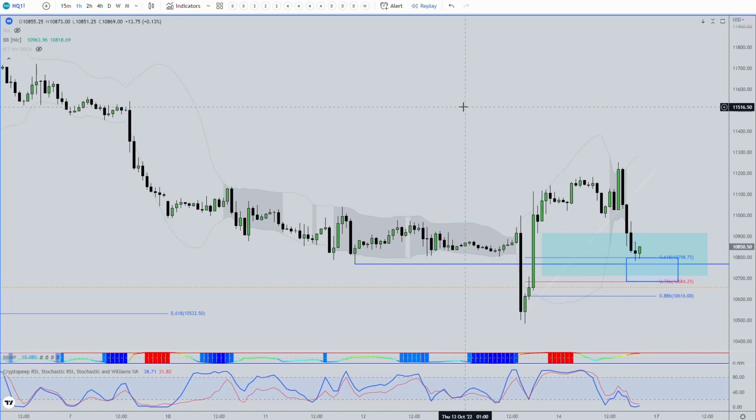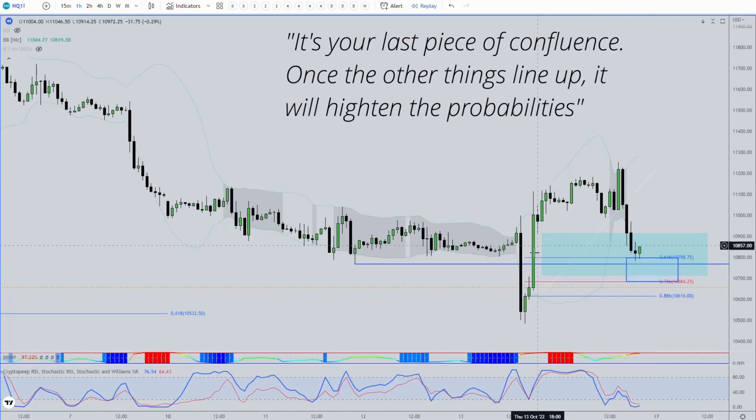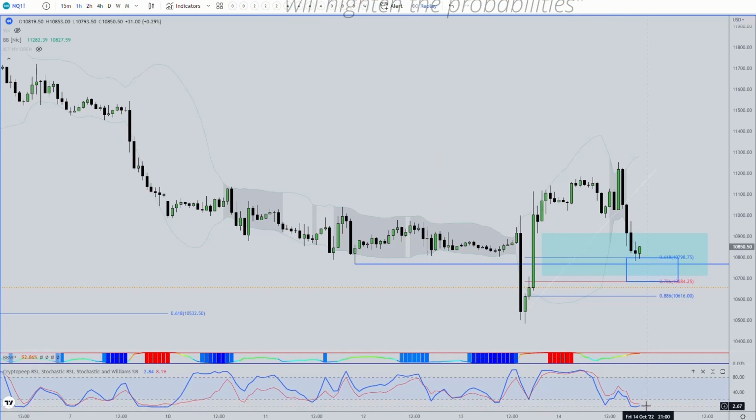Nonetheless, in my experience, if you have all these factors lining up, meaning a higher time frame level that has been swept, deviated below a range, because it is nothing else than a range, a squeeze deviation, then displaced up and returned to your target box, lining up with a fair value gap, in this case, definitely if you add on double momentum, this will heighten your chances of success. This is my experience.